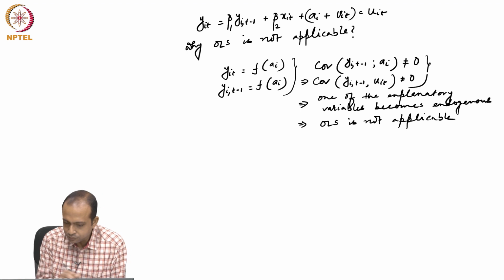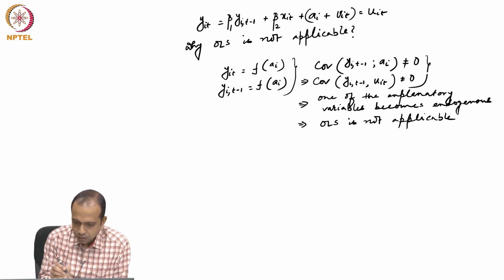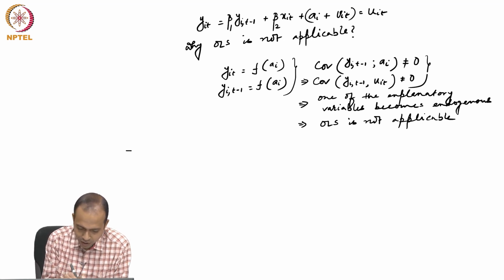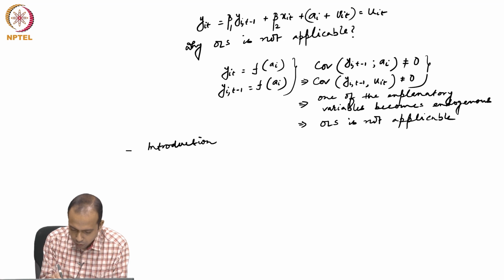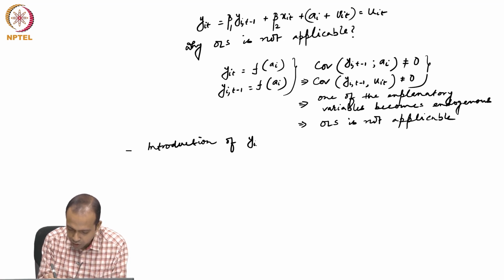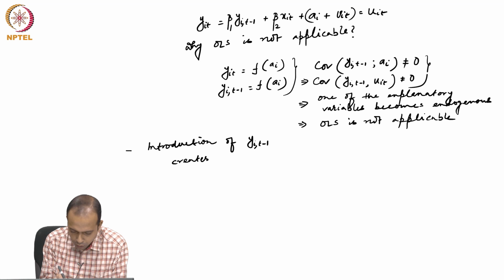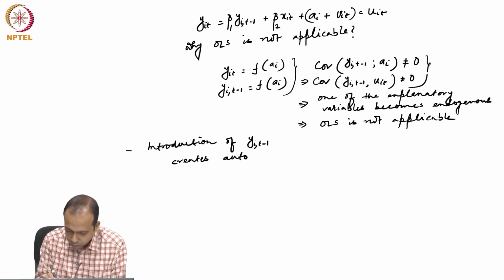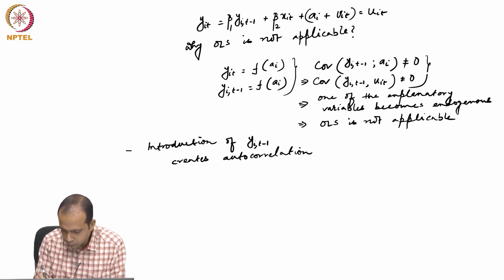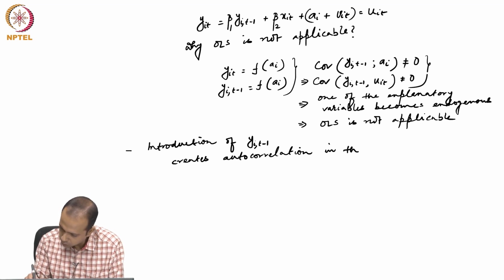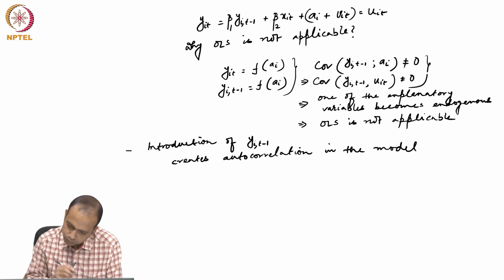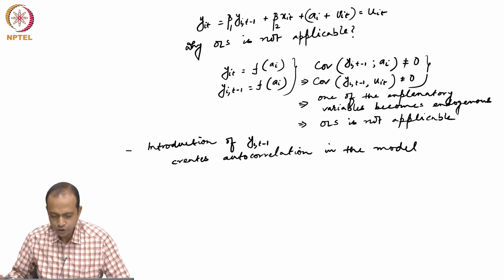What I am saying is that introduction of yit minus 1 creates autocorrelation in the model.